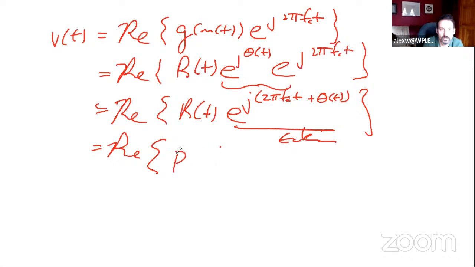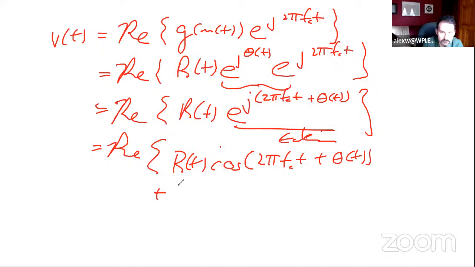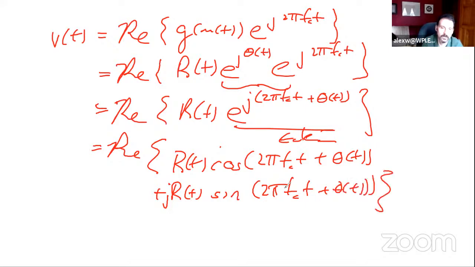That's the magnitude, sorry, not real operator. That should be cosine plus a phase term plus the magnitude, sorry, j sine. Okay.